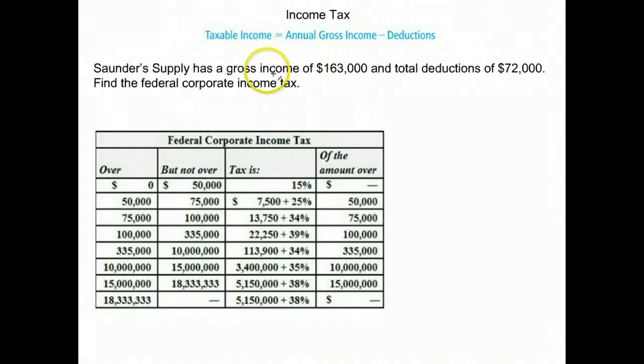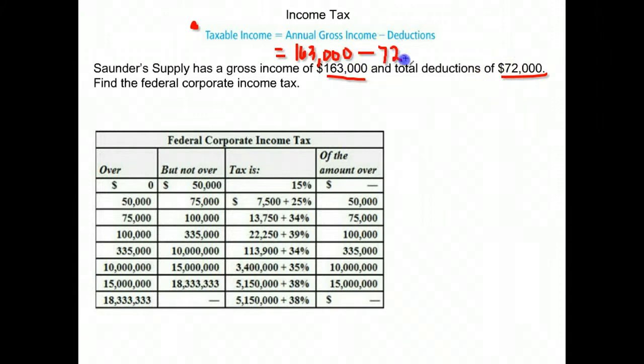Okay, here's Saunders Supply. They have gross income of $163,000 and total deductions of $72,000. Find the federal corporate income tax. Well, first we have to find their taxable income. So again, to find that, the taxable income is your gross income of $163,000 in this case, minus the deductions.